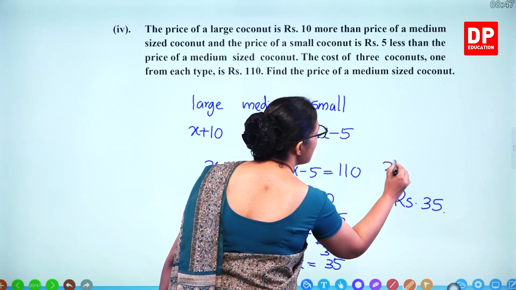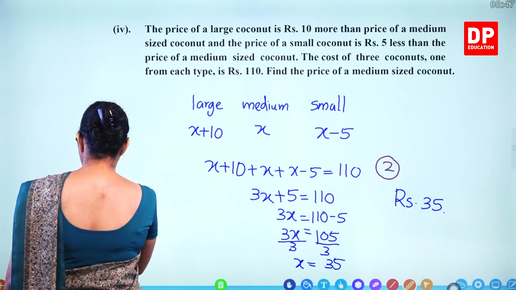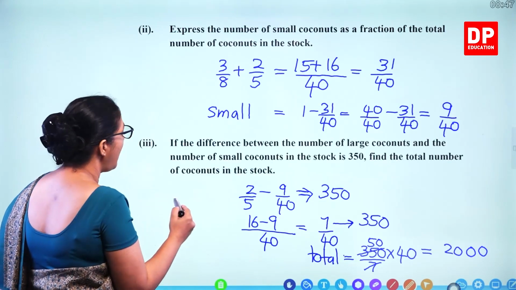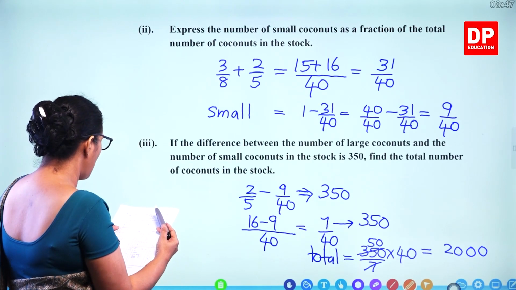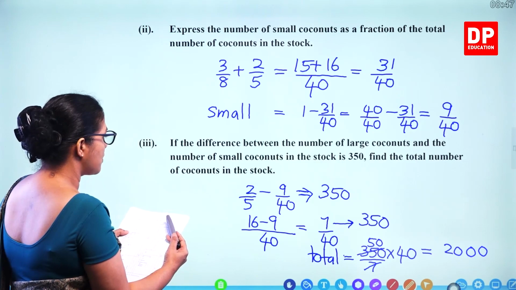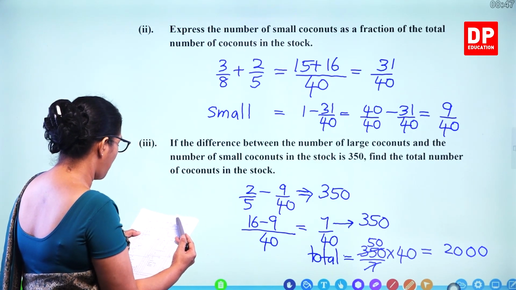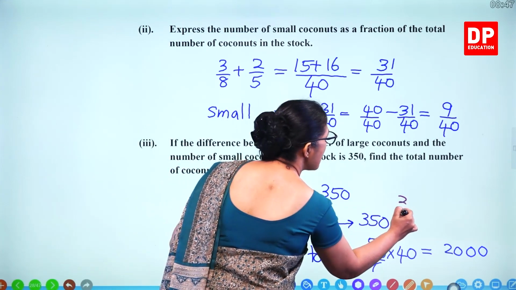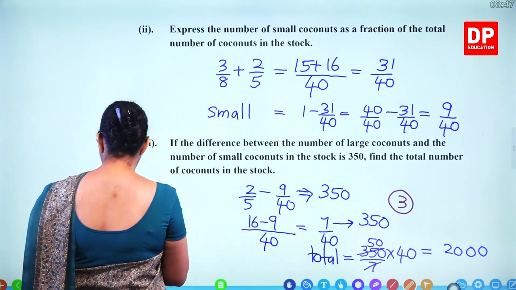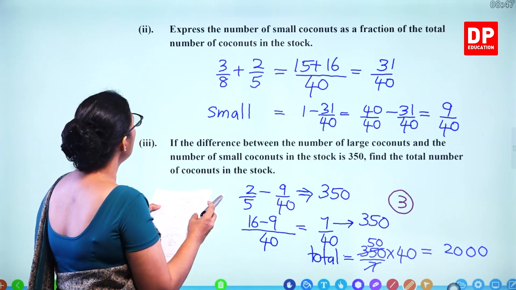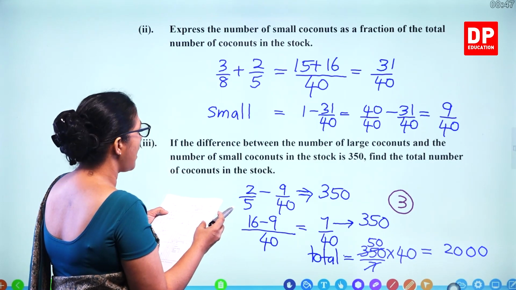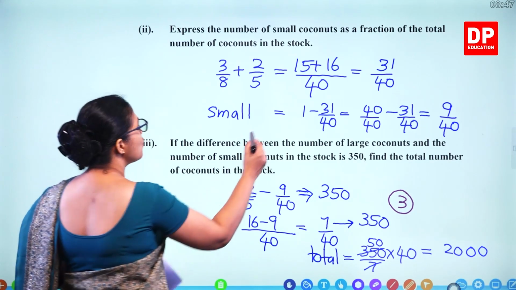So 2 marks here. And part 3, you get 3 marks. So 7 over 40, you get 3 marks for this answer. And part 2, 9 over 40, you get 2 marks here.